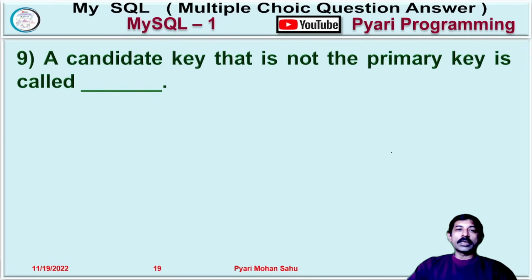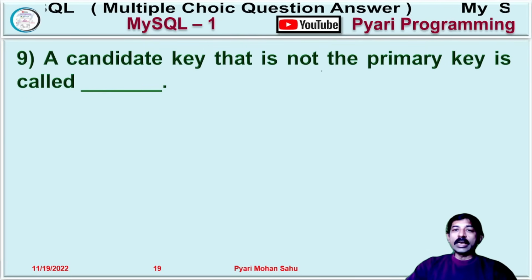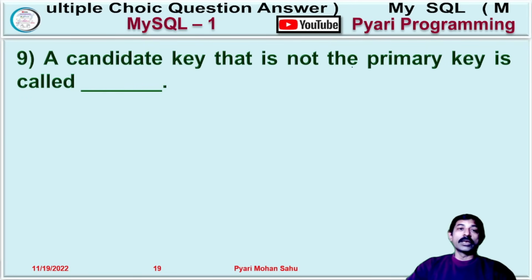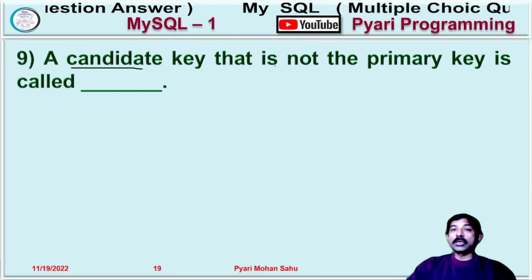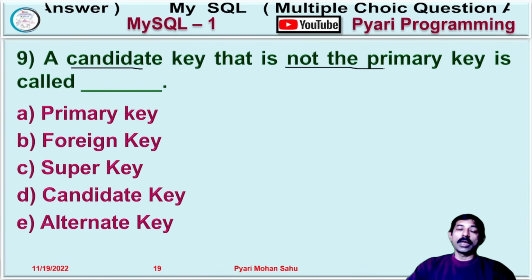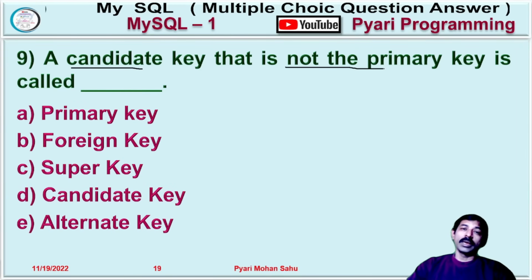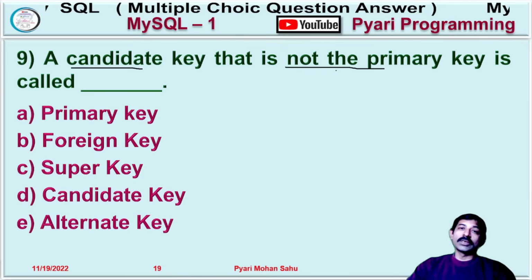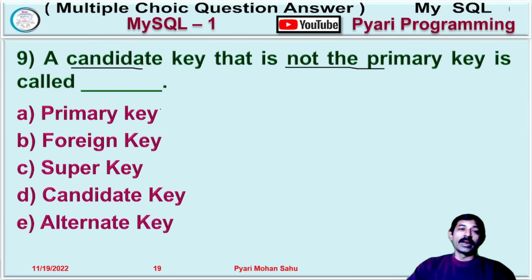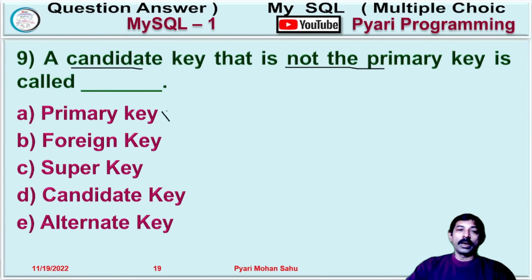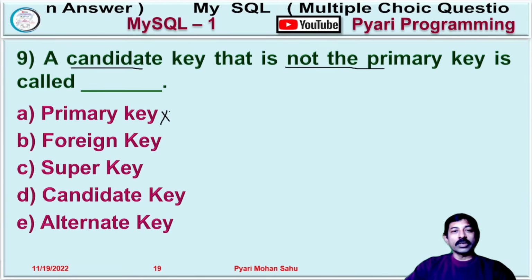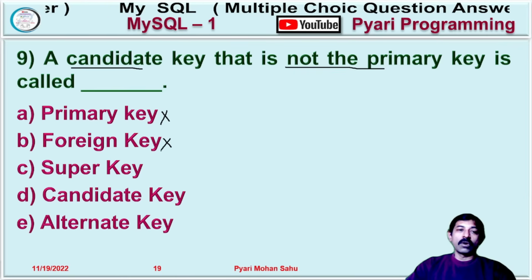Now the question says that a candidate key that is not a primary key is called dash. It is not saying that it is a candidate key, but it is not a primary key. So let's see the options. You do not need the options if you know clearly what these keys are called. So it is talking about not a primary key. Now it is not talking about cross reference, so that's why it is not a foreign key.